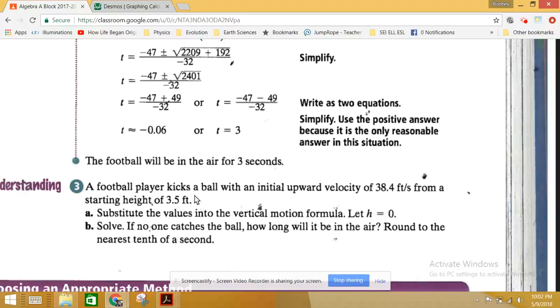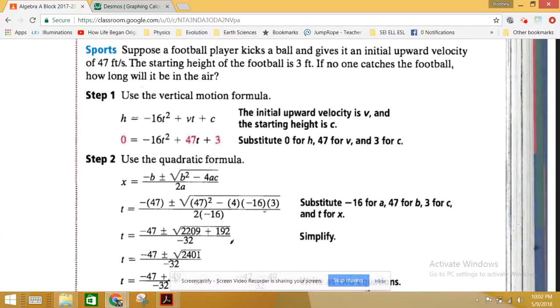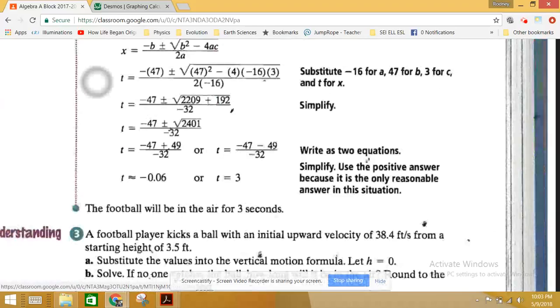So we have our initial velocity and starting height, but they haven't said anything about our acceleration. If they don't say we're not on the Earth, you can assume you're on the Earth. The Earth's gravitational acceleration is negative 32, and the first part of that equation is one half acceleration times t squared. So negative 32 times a half is negative 16.